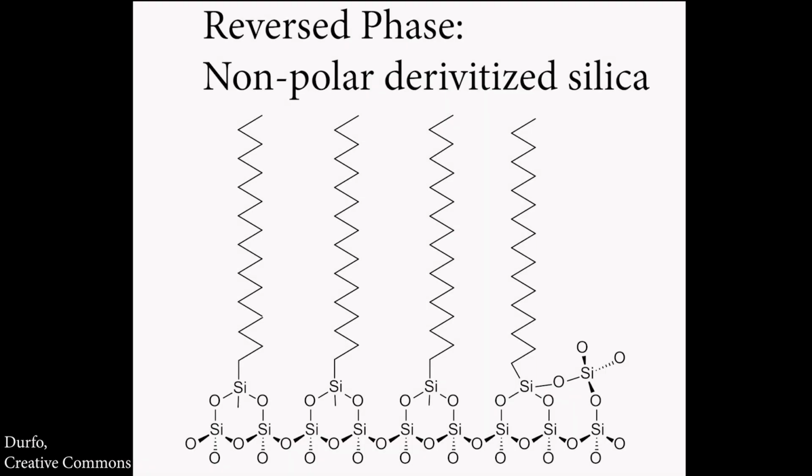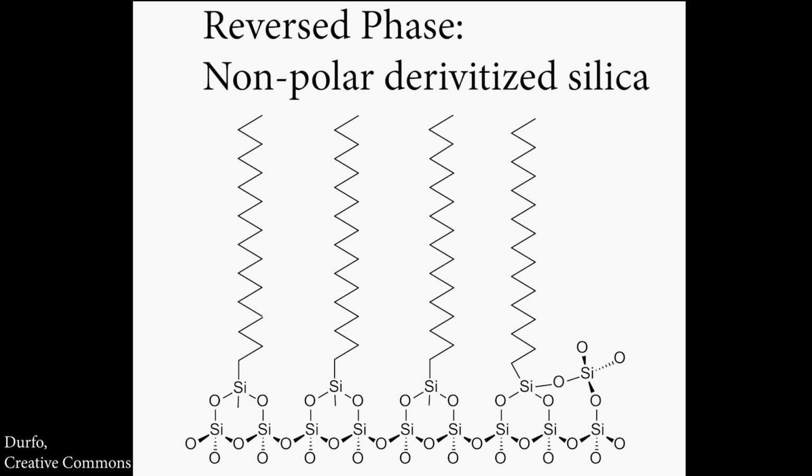Now, if we want to make a nonpolar surface, we have to react that silica surface, and by far the most common way to react or derivatize that surface is with a C18 or octadecane. This is extremely nonpolar, also called hydrophobic.